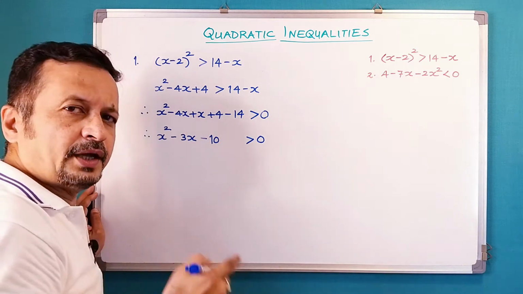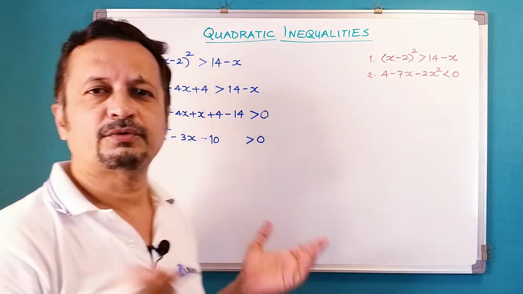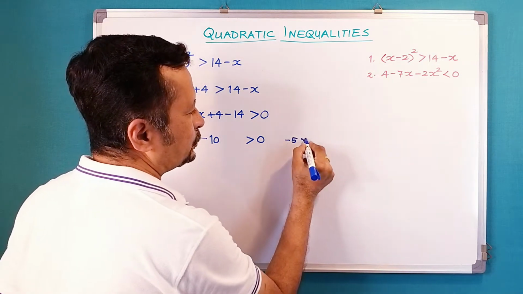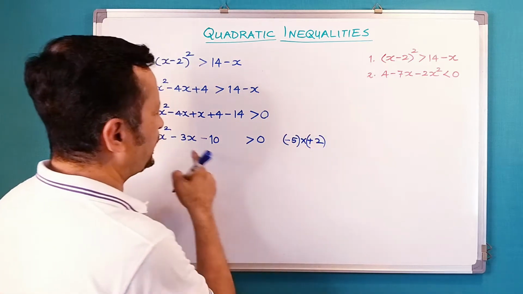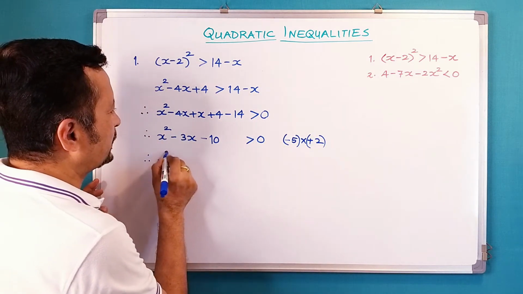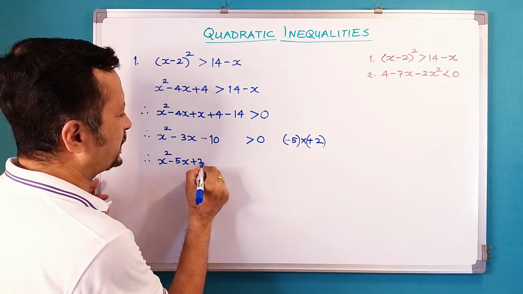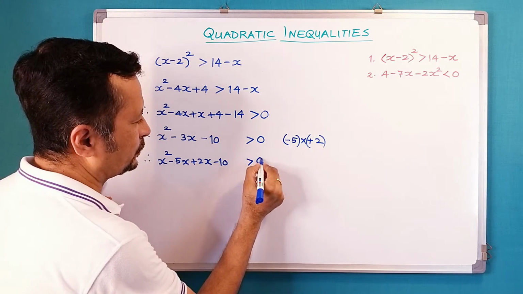Now I use the method of factorization. Factors of 10 would be 5 into 2, so it is minus 5 into plus 2, and the sum of minus 5 and plus 2 is minus 3. So this would be x square minus 5x plus 2x minus 10 greater than 0.